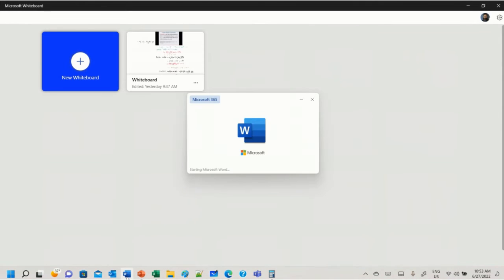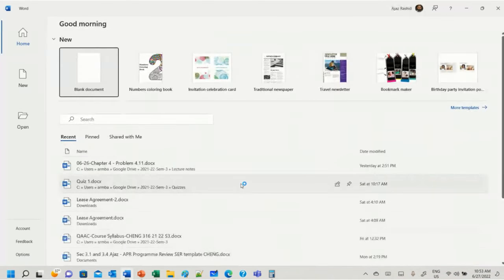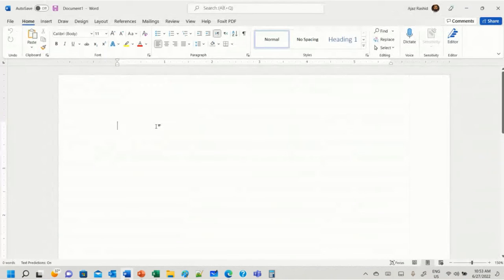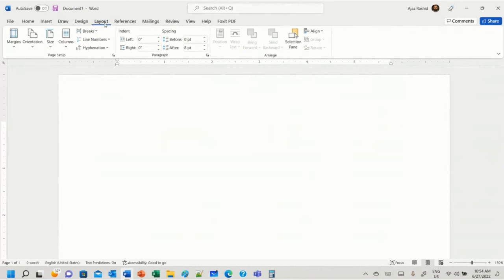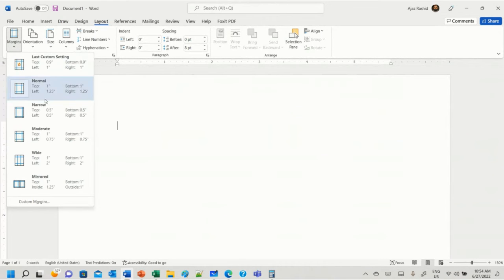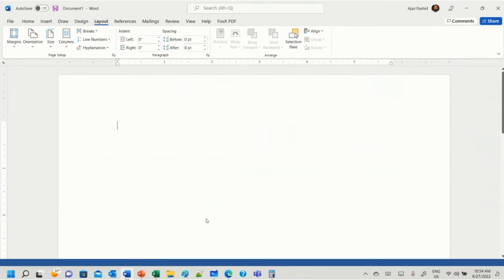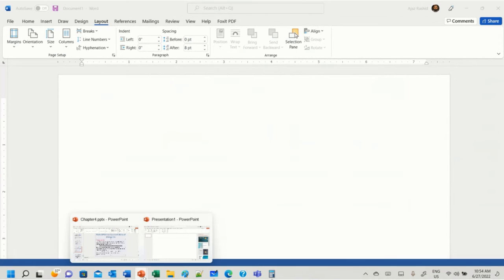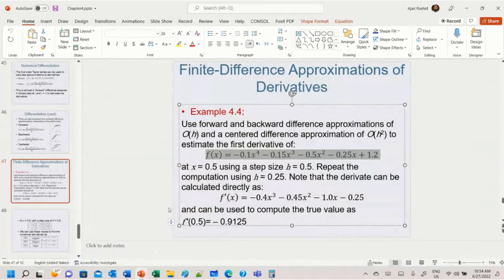I'll go to the Word, but it is so slow and not working properly. In that case, let me bring the whole of the slide.